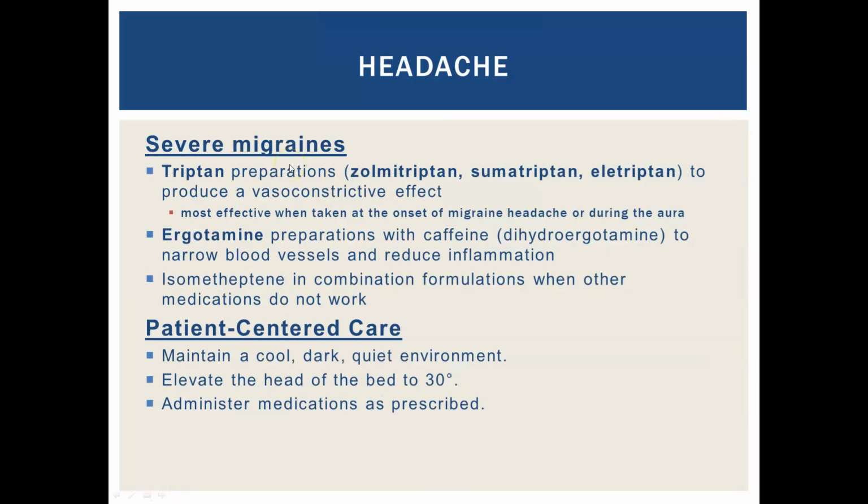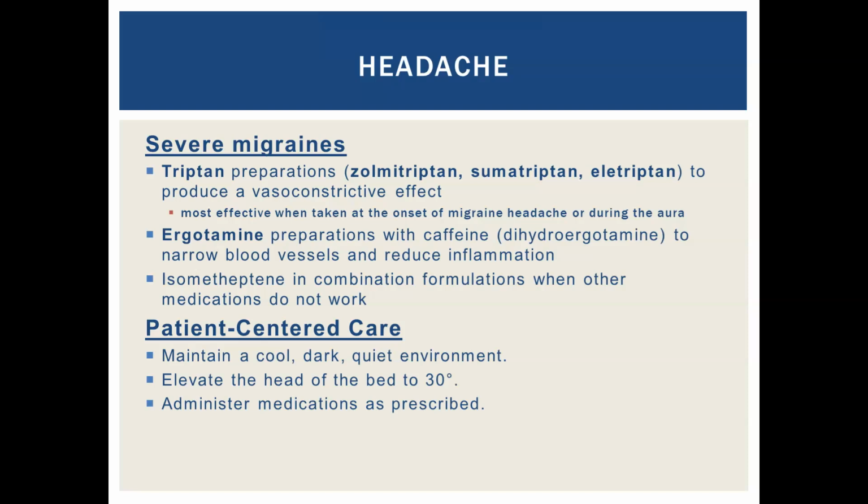So we do have multiple types of these triptan medications, and again, just look for the ending. They're all triptans. They produce a vasoconstrictive effect. Those medications we know are most effective when the client is taking them at the onset of the migraine headaches. Another medication that we can add in is ergotamine, and we're going to see this produced with caffeine.